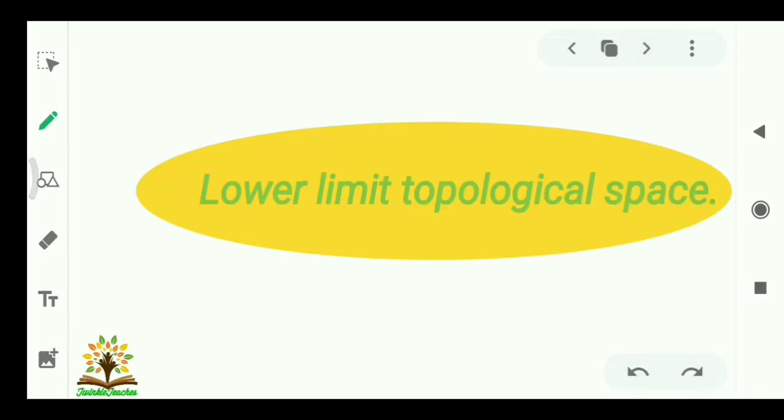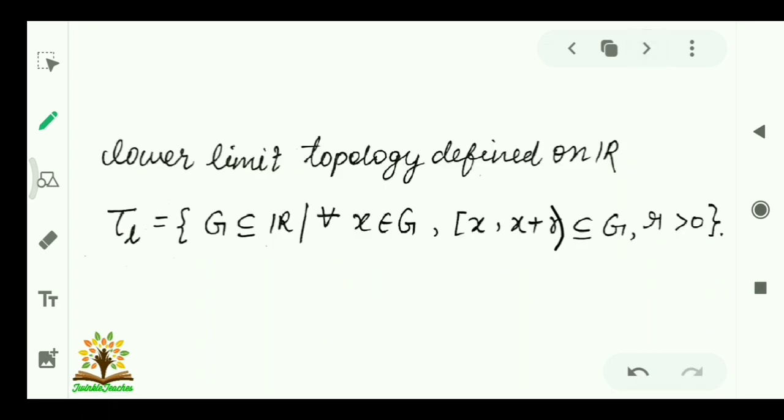First of all, we will discuss a very popular example of Hausdorff space, that is the lower limit topological space. Lower limit topological space is defined on R, whose topology tau, which is known as lower limit topology, contains the open subsets of R such that for every point in that open set, the point itself plus some non-zero number R is contained in the form of a closed open interval.